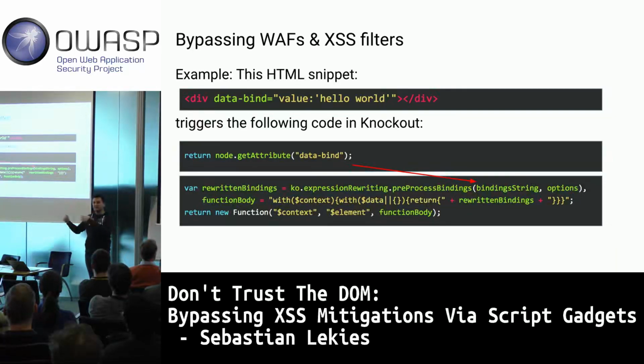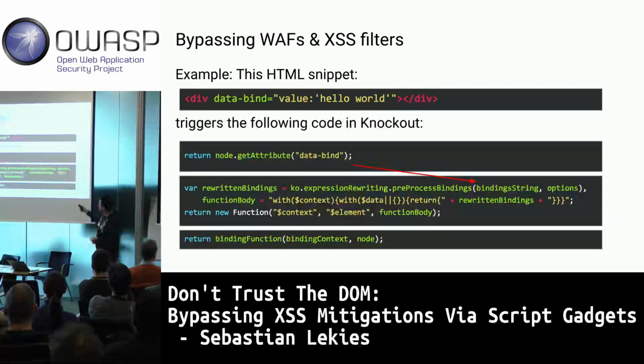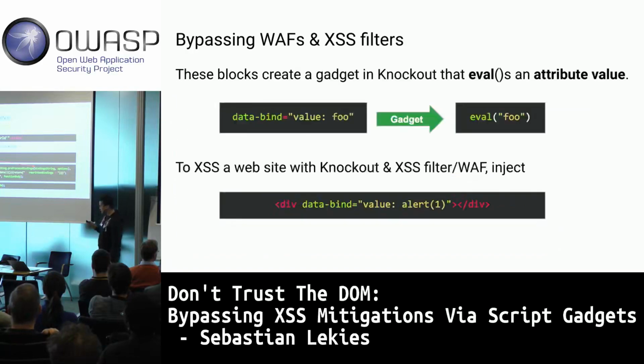So whenever you change the value, the function will return the right value, then the framework will put it into the right place, into this div element. And then after this function is created, it will just be called at runtime. So effectively what this creates is a chain from an attacker-controllable value that is benign to a function call that is executed. So basically we have code execution here.